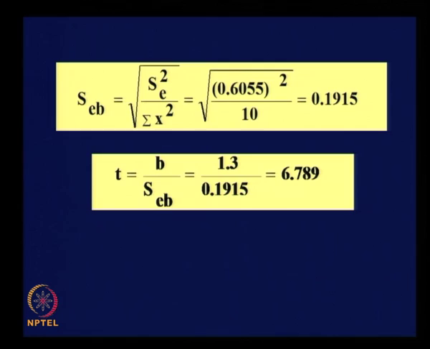Desirably, if the denominator is small, we are going to get a higher value of t. And for the regression coefficient to be significant, do you expect the denominator to be large or small? Again, standard error is similar to standard deviation, isn't it?